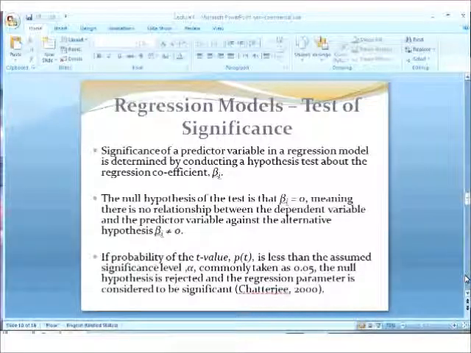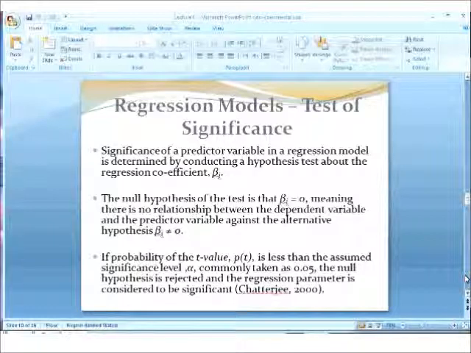Because regression is the type of model where the more independent variables you have, the stronger the coefficient of determination gets, and R-square will be higher. However, it's not always the case that all your independent variables are contributing to explain the variation in your dependent variable.